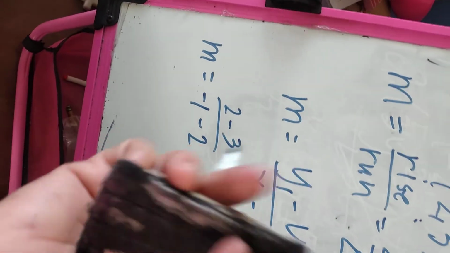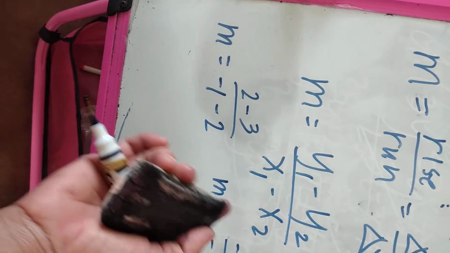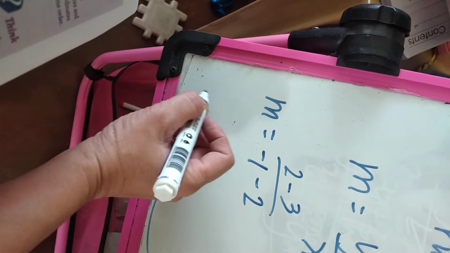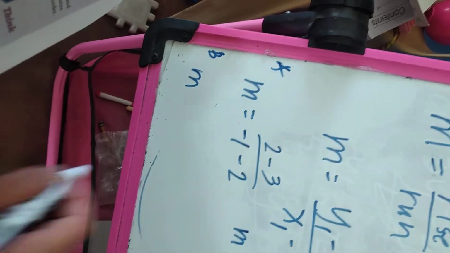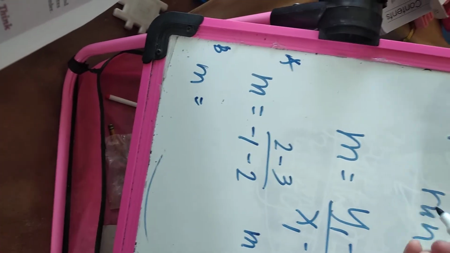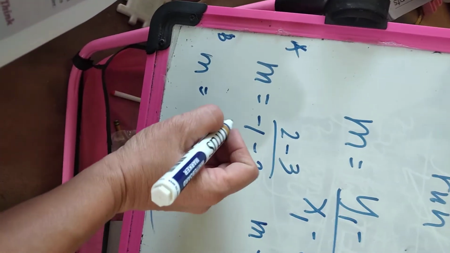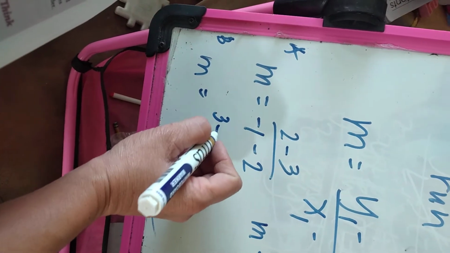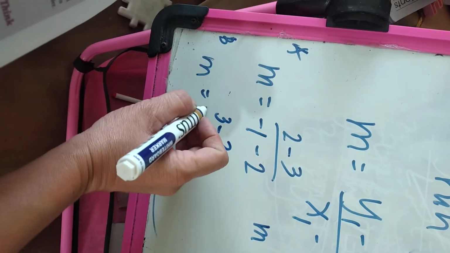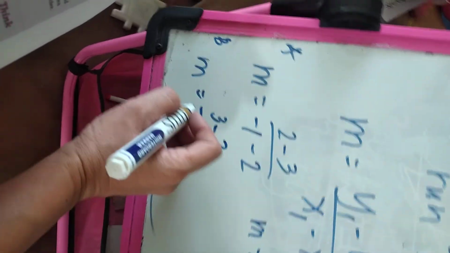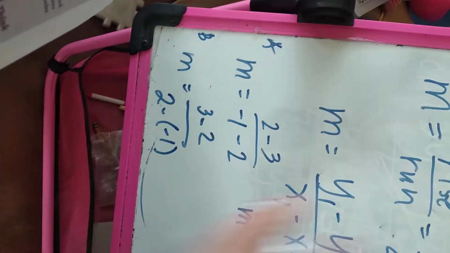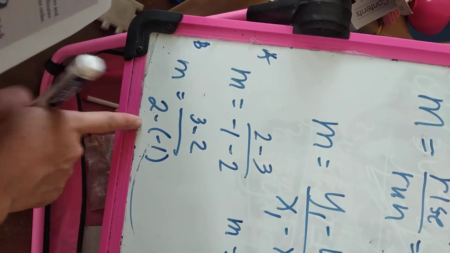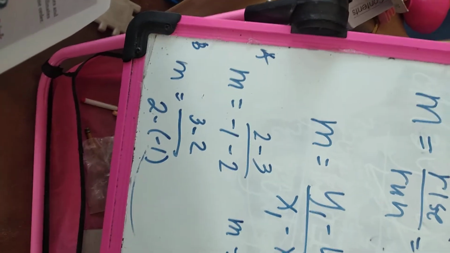Now I will show you if I do the sub 1 first, method B. I usually do this first: 3 minus 2 over 2 minus negative 1. Be careful with the sign. Don't leave out 2 minus negative 1 because it's negative.